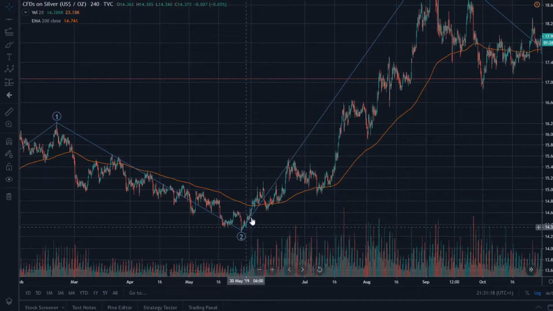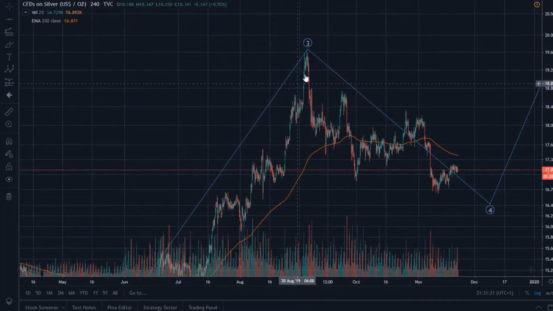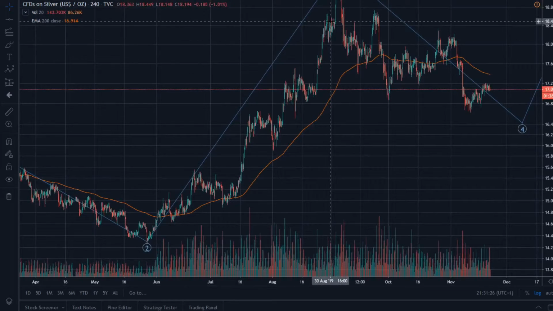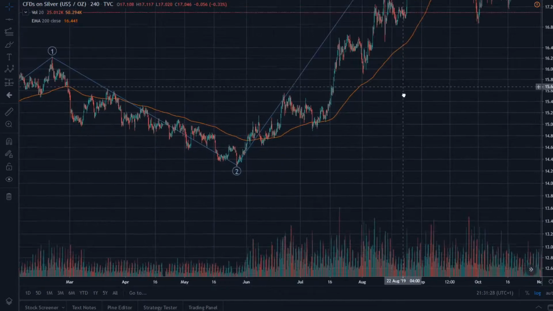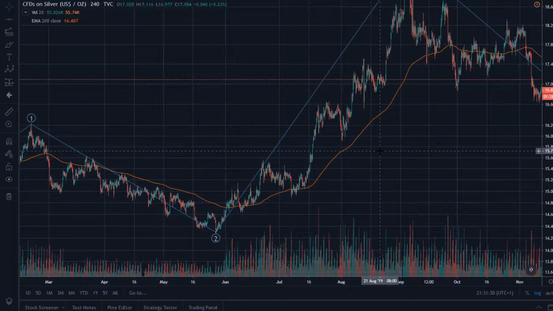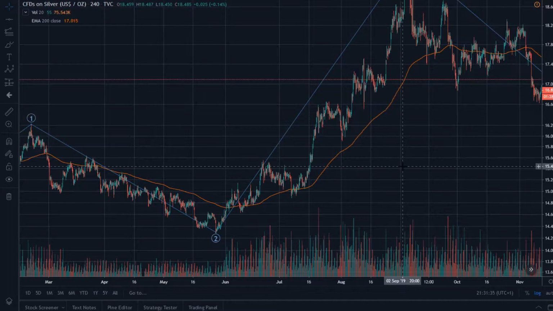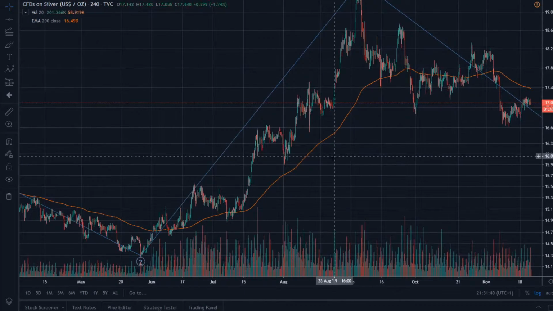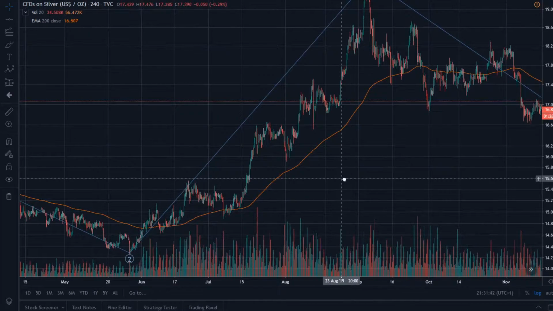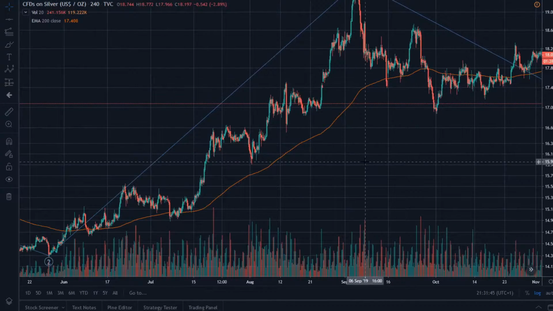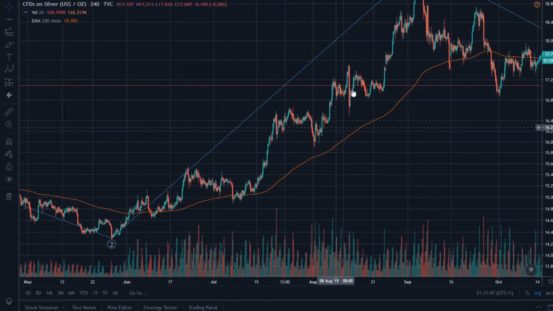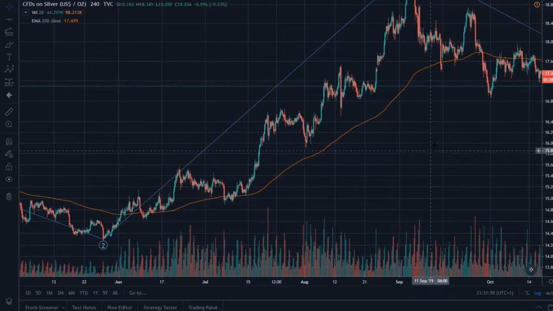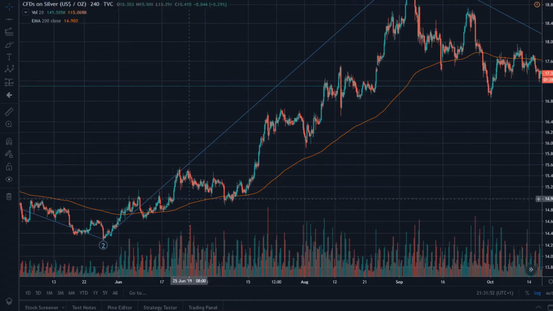Following this, obviously, we had this huge impulse all the way up to 1960, which is actually an extended wave 3. Out of the 5 impulse waves, wave number 3 is usually the one that tends to extend. So completely normal, especially given the insecurity and risk aversion in the markets due to the trade war between China and USA.